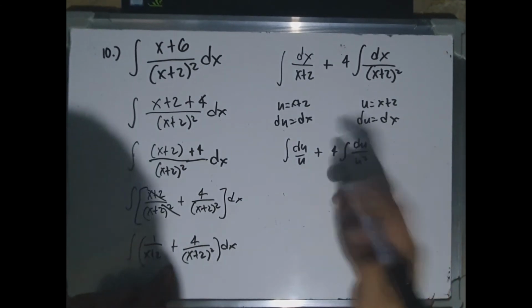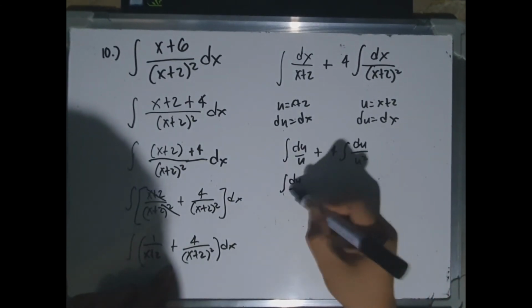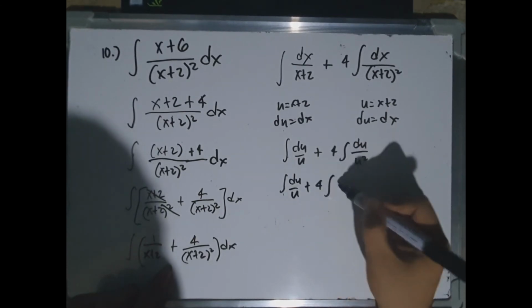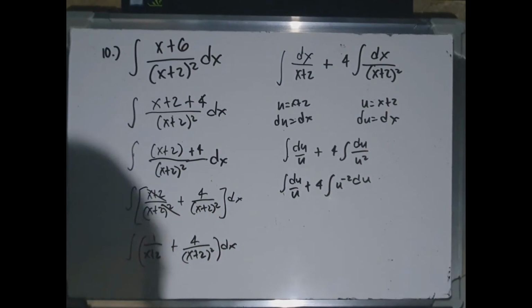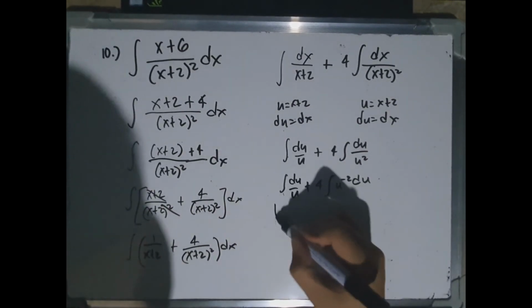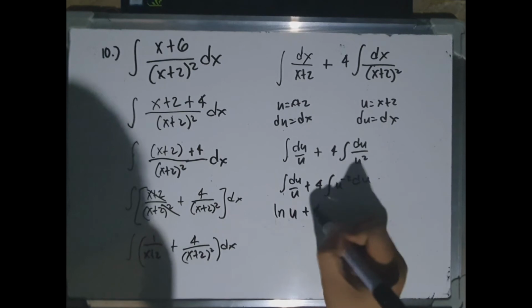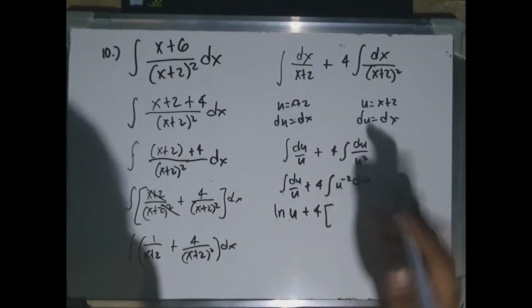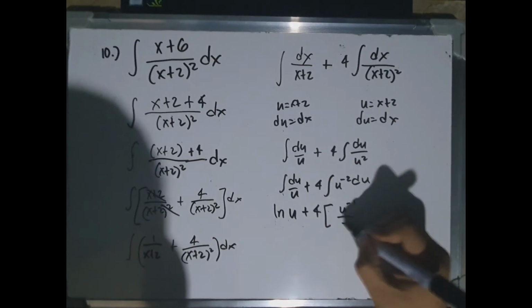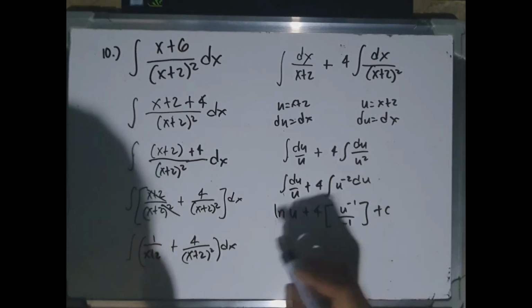We could rewrite this one: integral of du over u plus 4 integral of u negative 2 du. Okay, this one is ln of the u plus 4. How about this one? Negative 2 plus 1 is negative 1 over negative 1 plus c.